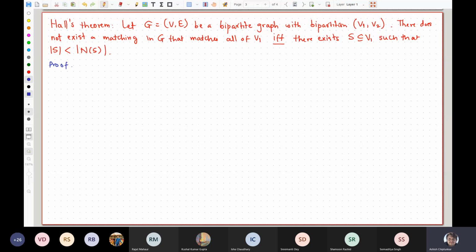If there exists S subset of V1 such that the size of S is greater than the size of N(S), then there is no matching which matches all of V1. So the right to left direction is easy.